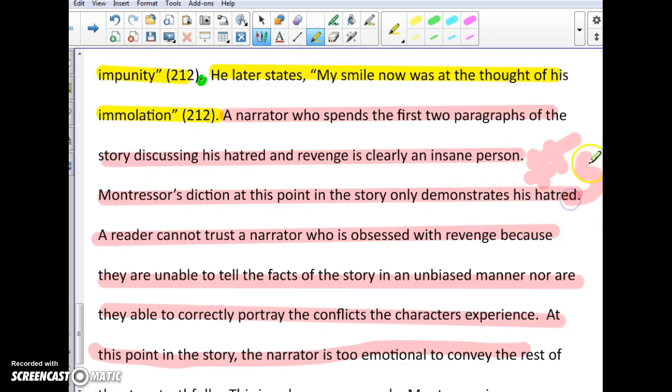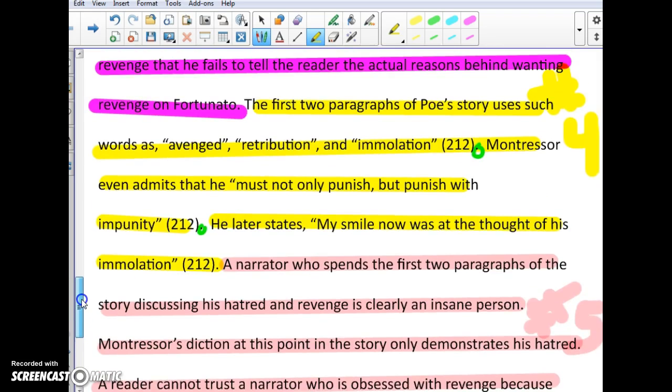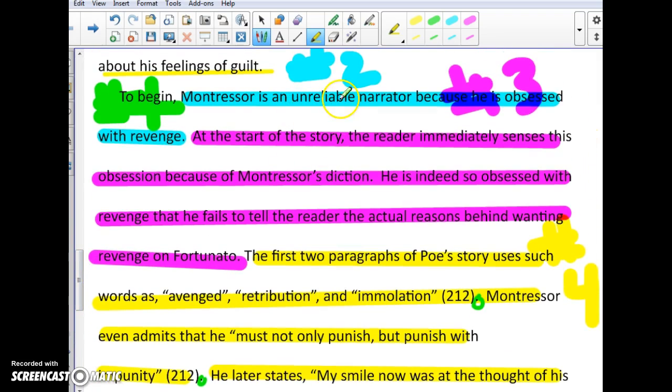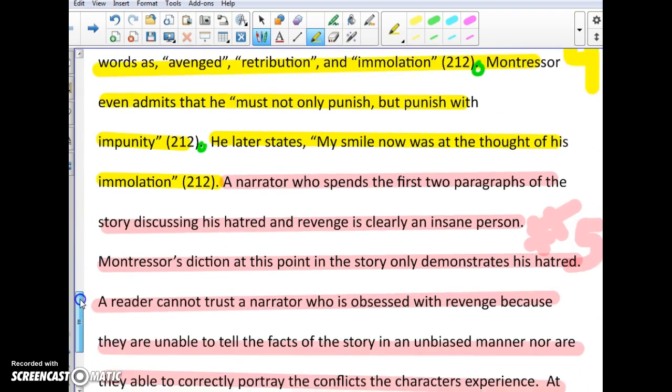This should be 4 to 6 sentences in each body paragraph. And again, this is your own voice commenting on how the textual evidence proves the original claim that you were making back in your topic sentence about unreliable narrator or in your thesis statement.